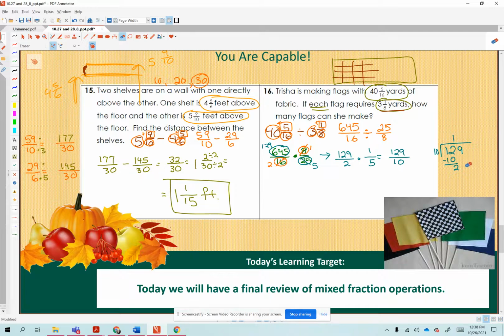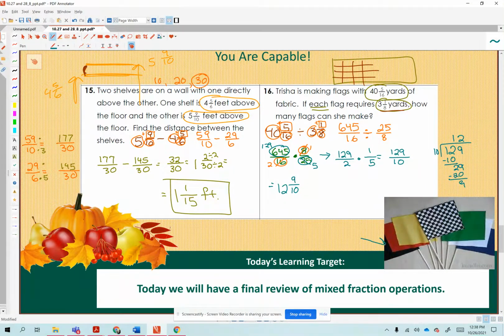And then 29 divided by 10 is 2, with 2 times 10 is 20, with 9 left over. So technically our final answer is 12 and 9/10. However, there's something special going on.